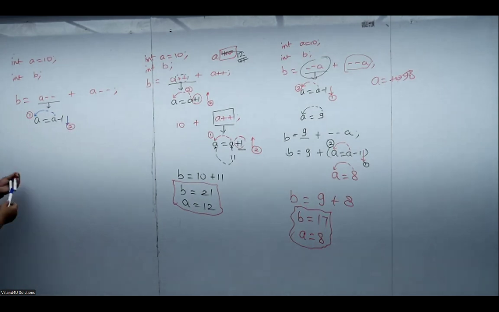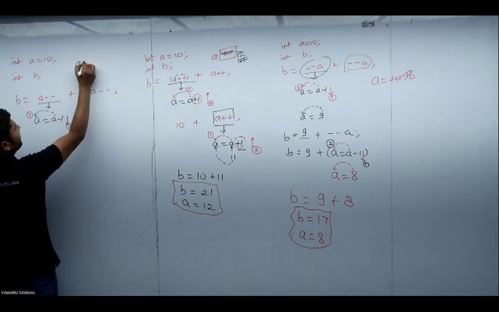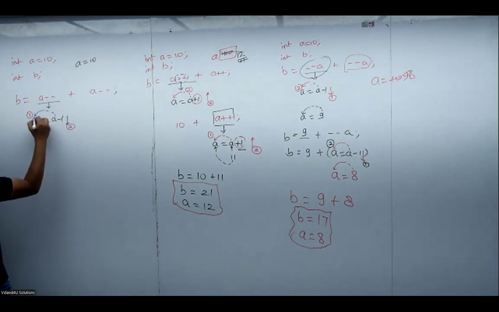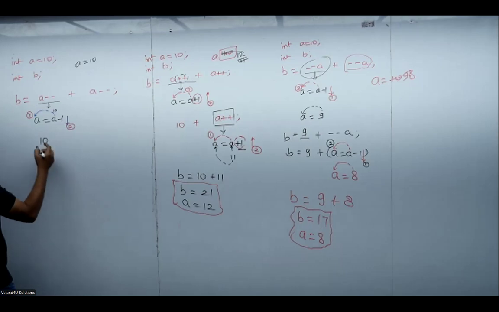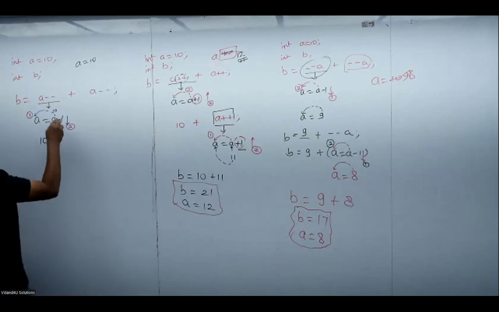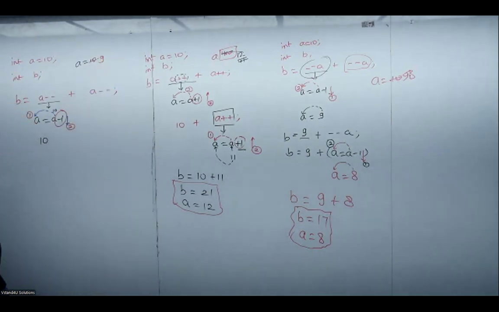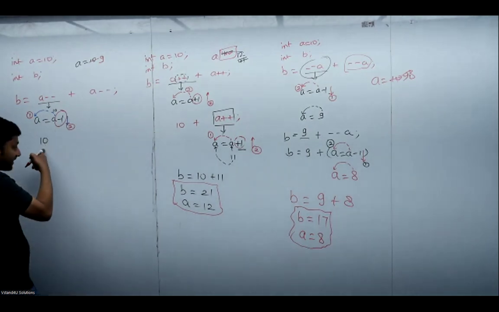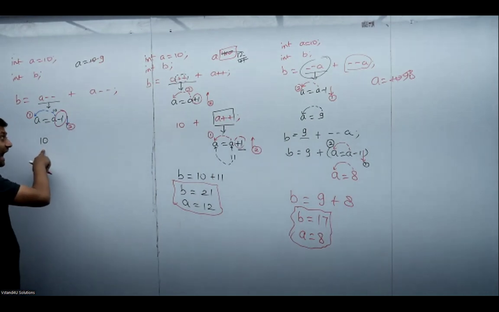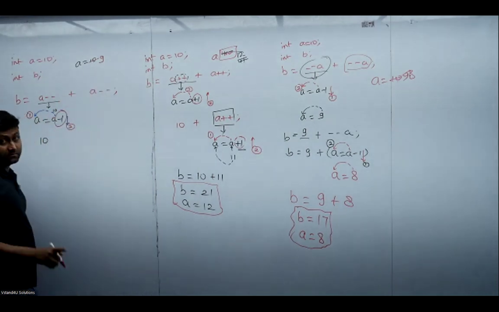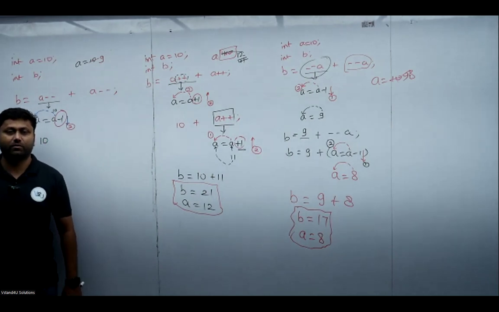So assignment will happen first. What is the current value of a? 10 will be assigned. But did I do the decrementation? It is not yet done. Let me decrement; it becomes 9. Although the value I am considering for the rest of the equation is 10, the current value. After assigning, I am decrementing. That is post-decrementation.